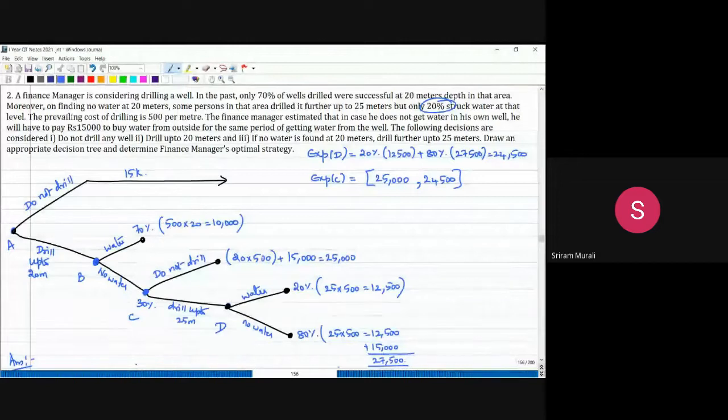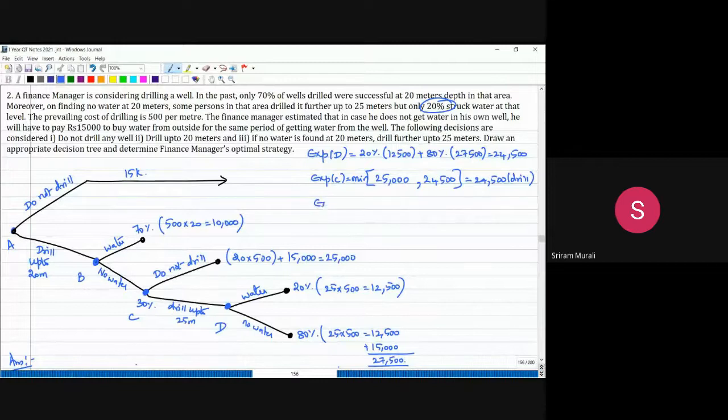So of the two, which is minimum? At C, we will always take the minimum. So 25,000 if I don't drill. If I drill, my expected value at this point is 24,500. So this 24,500 means I should drill up to 25 meters.